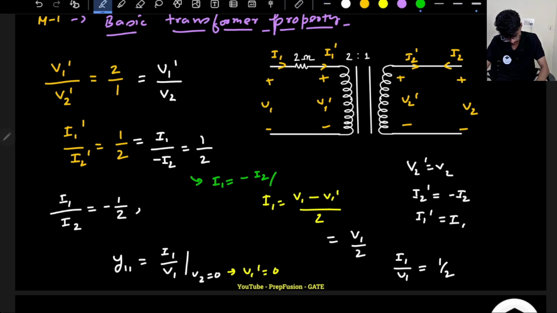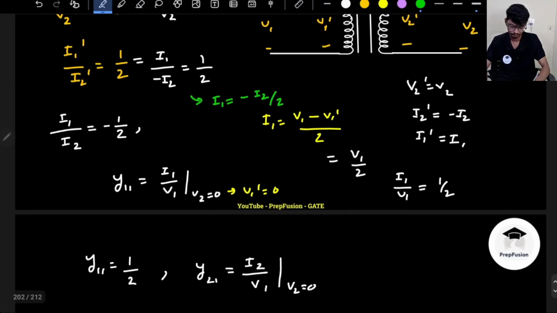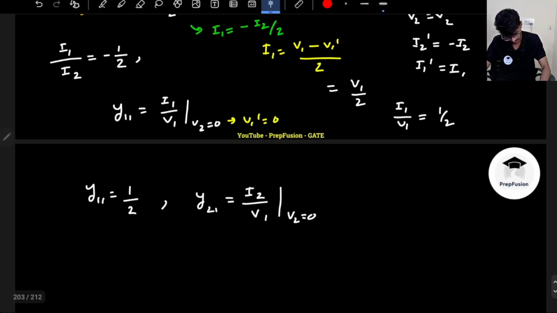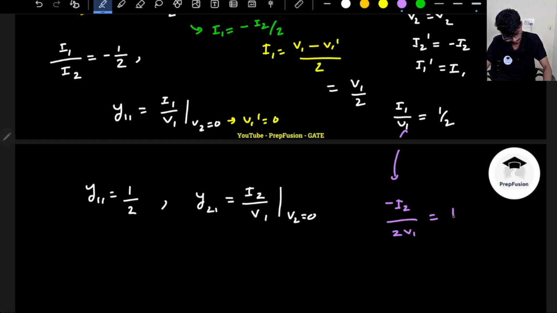I1 equals minus I2 divided by 2. If I replace this in the equation, I get minus I2 divided by 2V1 equals 1 by 2.